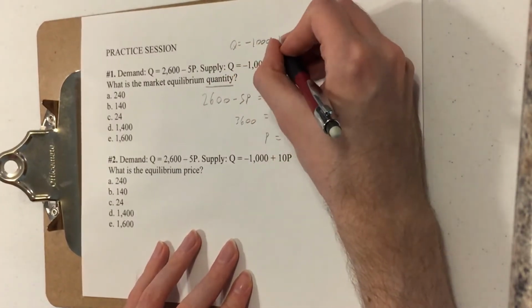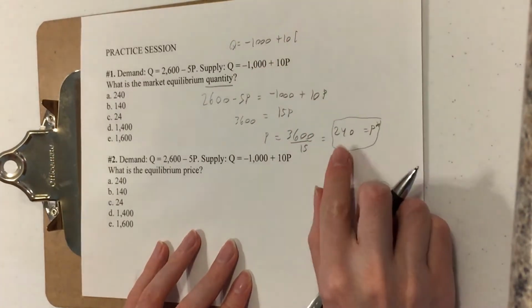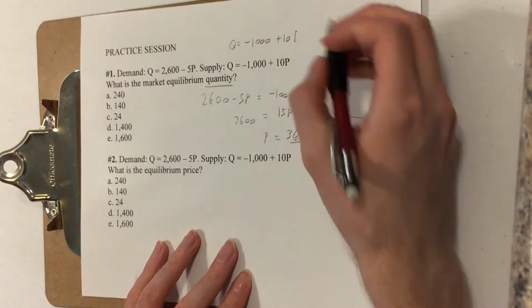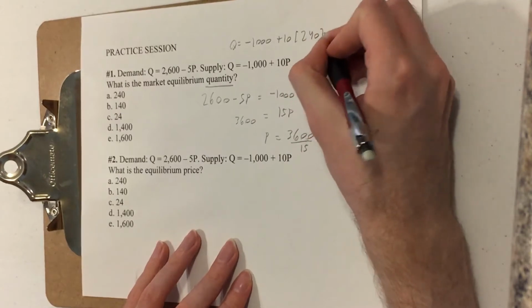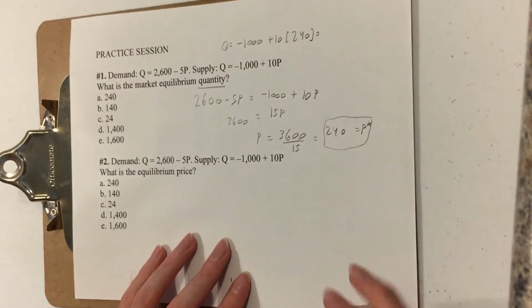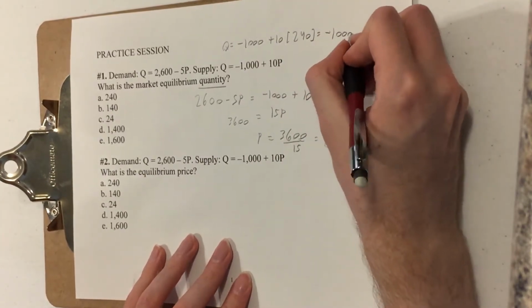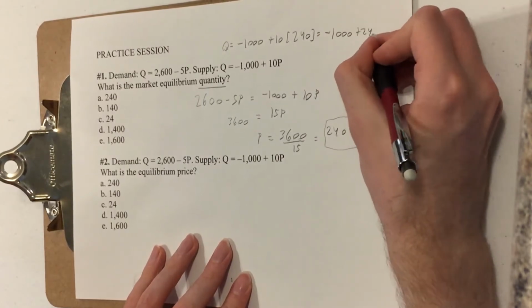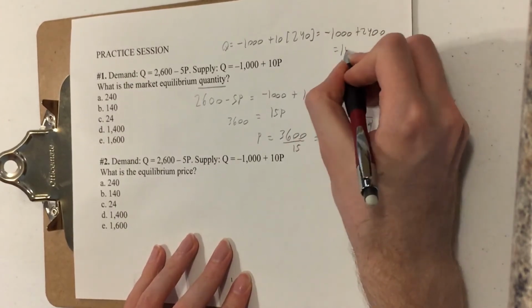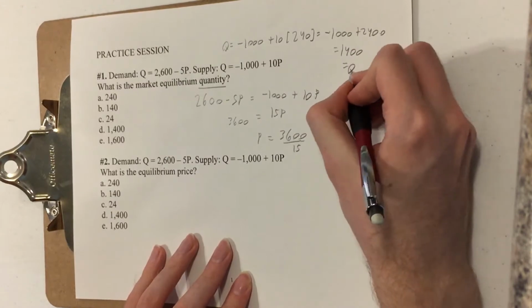So you have minus 1000 plus 10 times p, but we just established that p is 240. That comes out to minus 1000 plus 2400, which is 1400.